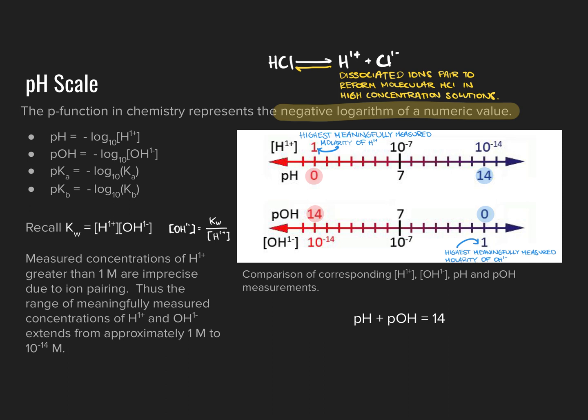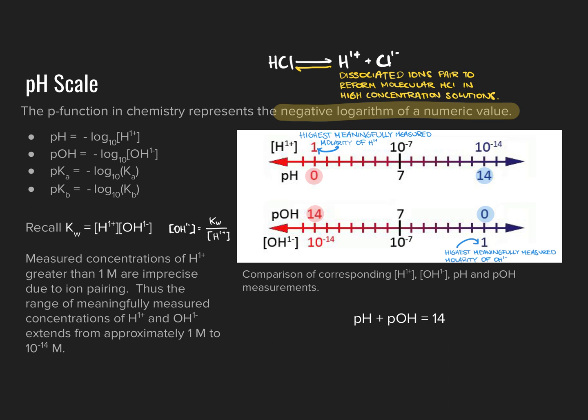Now, if instead we were to measure the pH of a sample of pure water, the concentrations of hydrogen ion and hydroxide ion, recall, are not 0, but instead are each 1.0 times 10 to the negative 7th molar at 25 degrees Celsius due to the autoionization process of water.